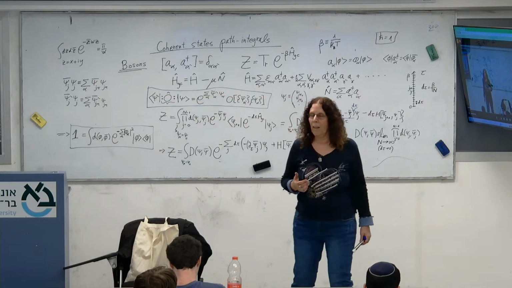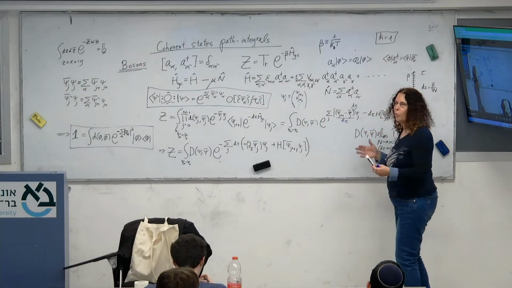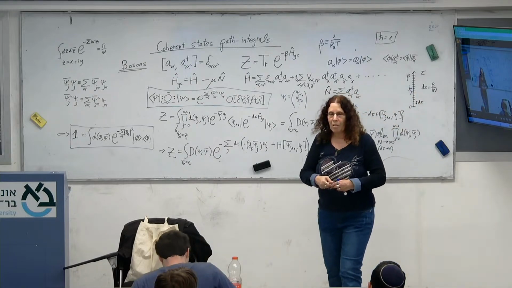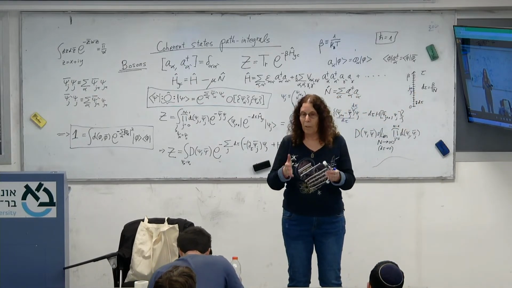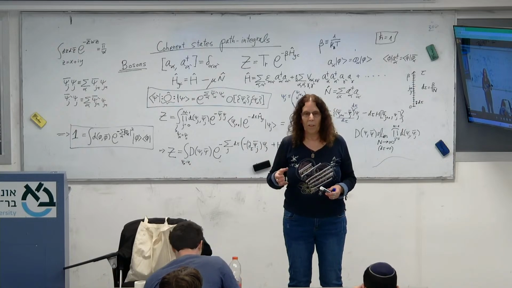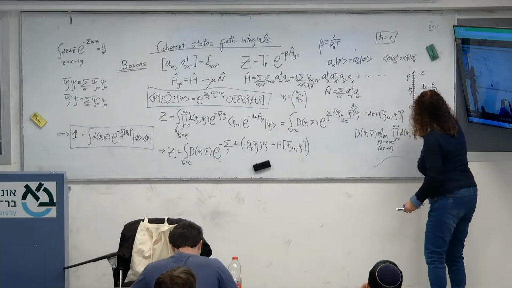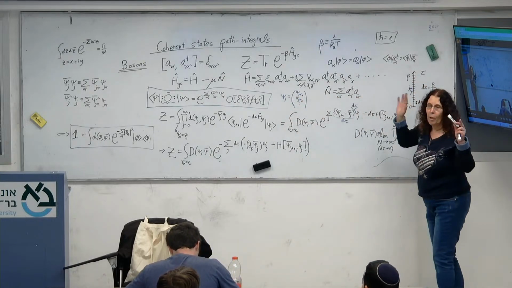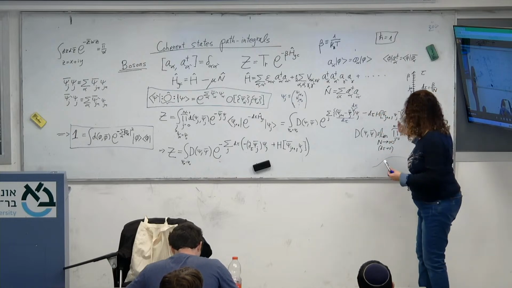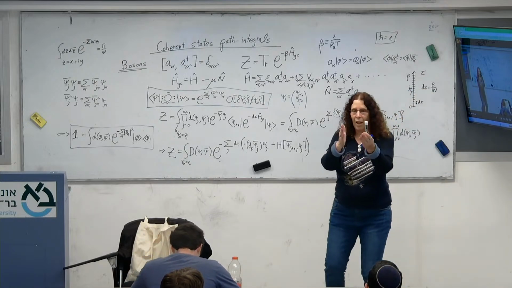Okay, so what I did is the following. First of all, I had just a factor of e to the minus beta H. But the factor of beta I can write as a product of capital N times d tau, where each d tau is a time step on an imaginary time axis. Now, let's go back to the state where we still had operators.